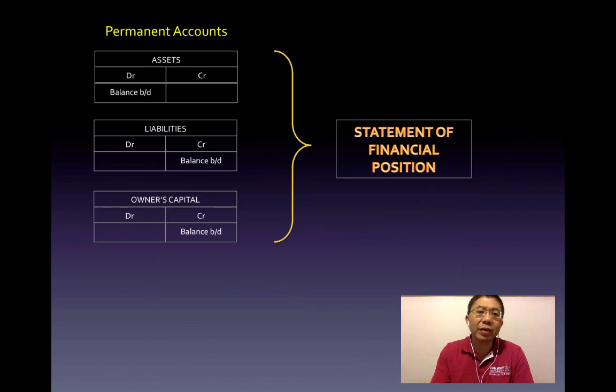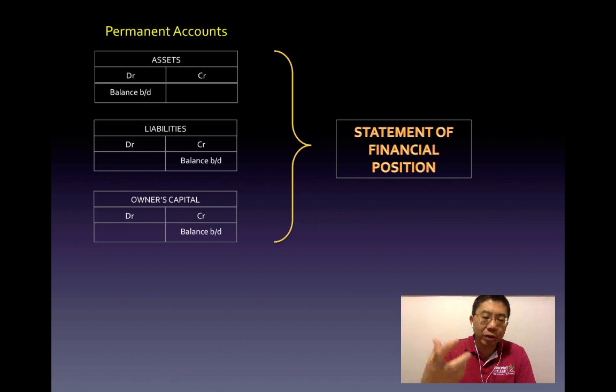So this gives rise to an interesting point of view of the accounts. The accounts that represent assets, liabilities, and owner's equity are what we call permanent accounts, whereby the balances are carried forward.